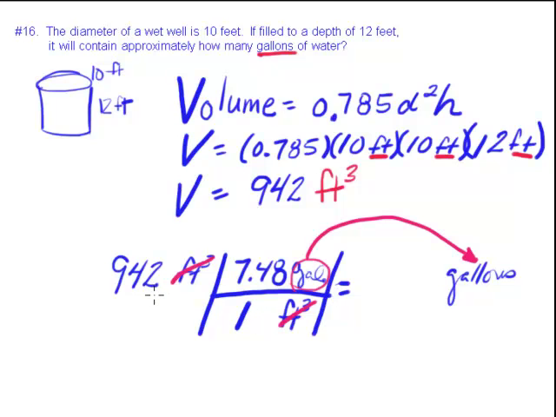And so I just have 942 times my 7.48 on the calculator, and what I end up with is 7,046.16 gallons. However, we're not usually going to be worried about those last few fractions of a gallon when we're measuring the volume in a tank, and so the answer becomes 7,046 gallons.